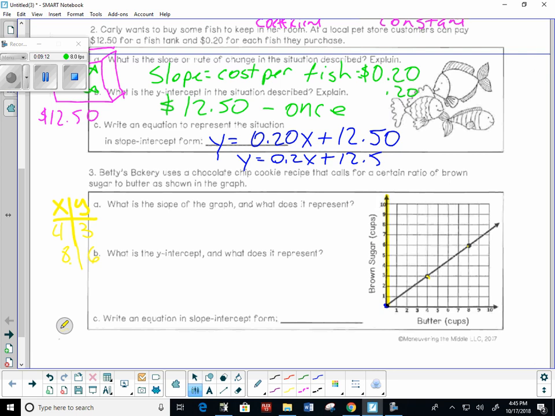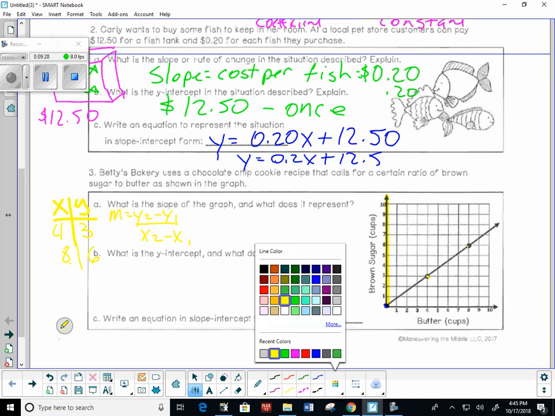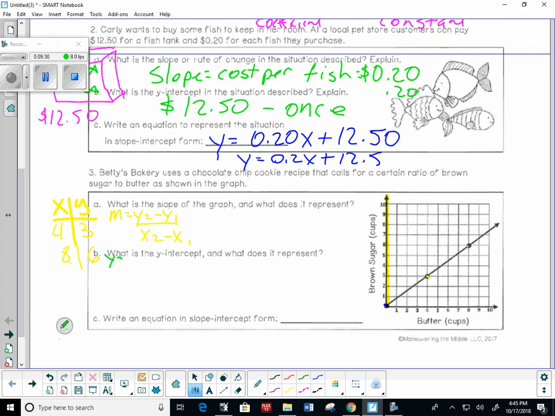Okay, so when we look at our change in y over change in x, slope equals y2 take away y1, over x2 take away x1. So I'm going to say 6 take away 3, keep the same pattern, take away 4. And that's going to give us 3 over 4.